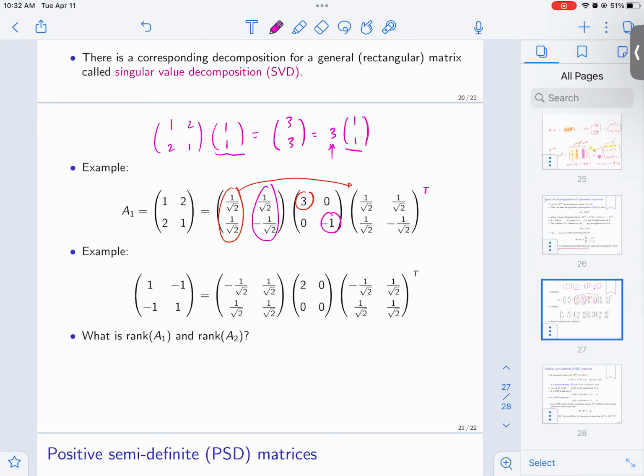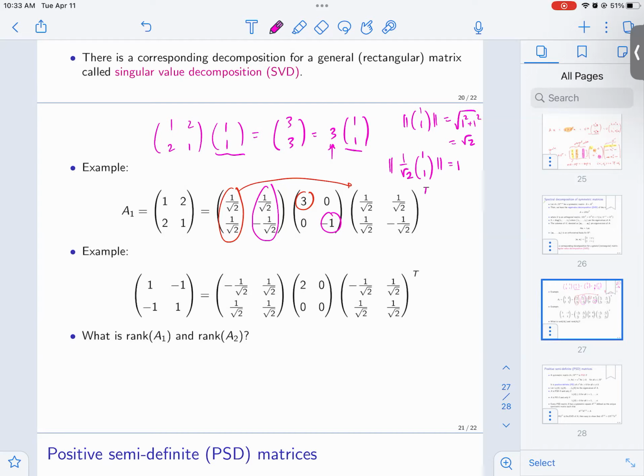So what is the norm of 1, 1? It would be root of 1 squared plus 1 squared, which is root 2. If I divide this by the length, the norm of this you can verify is going to be 1.